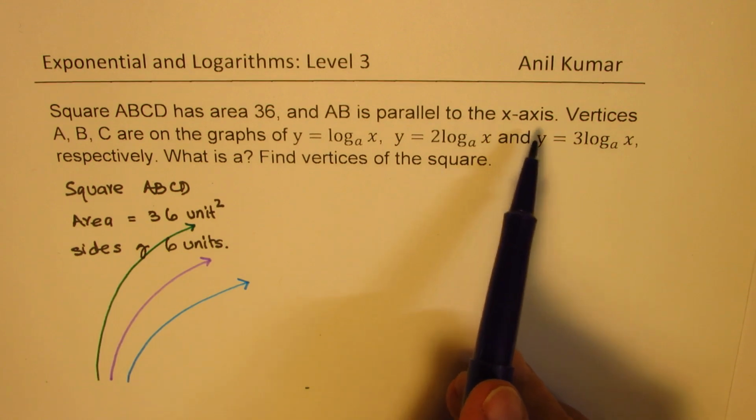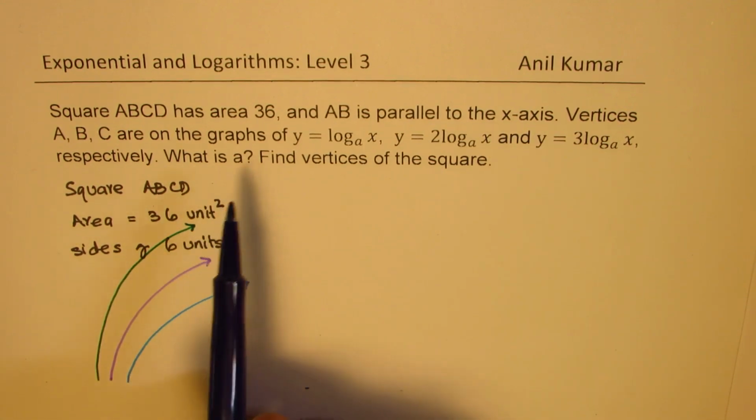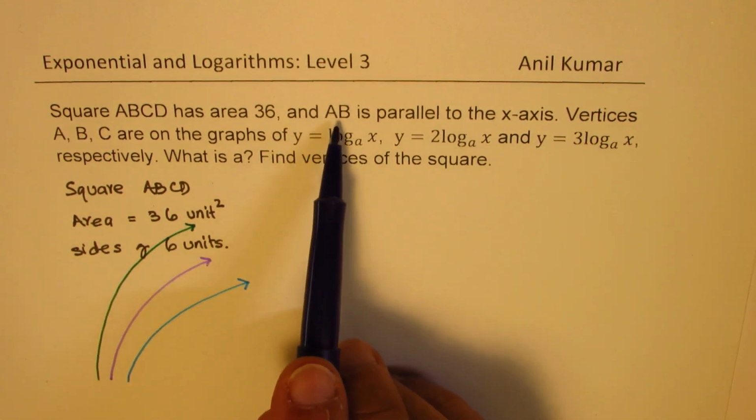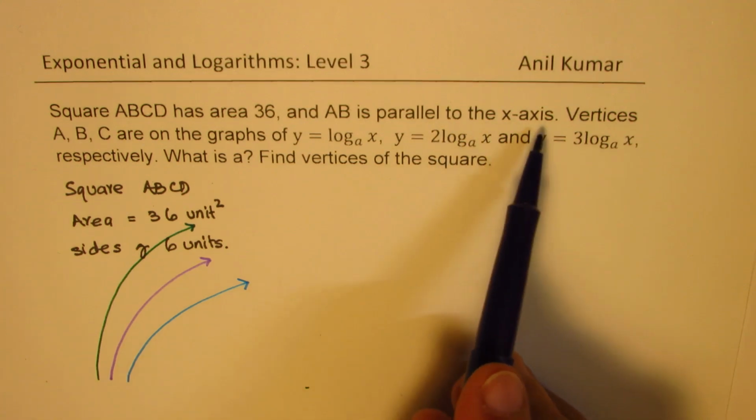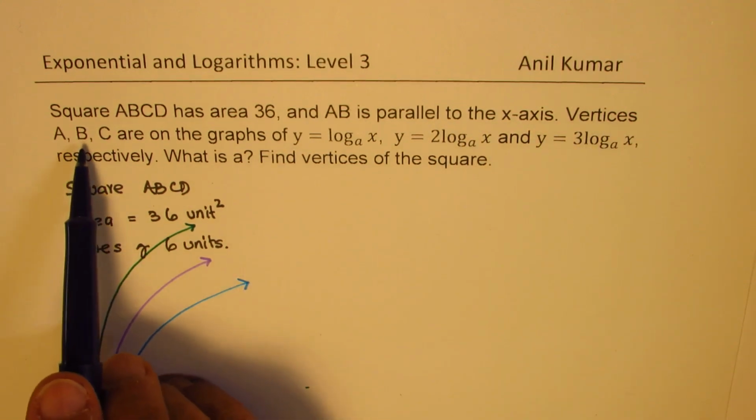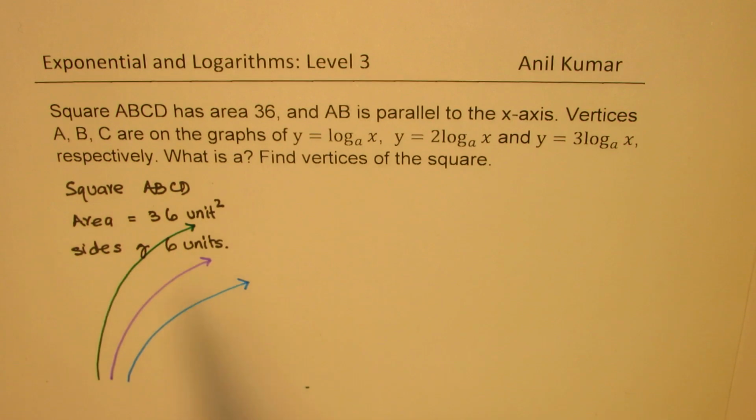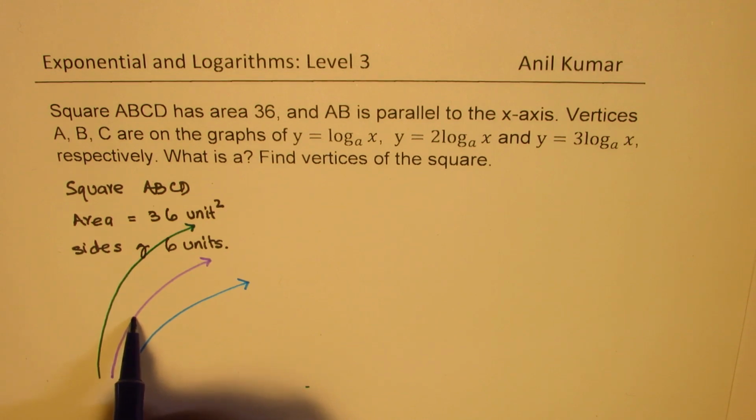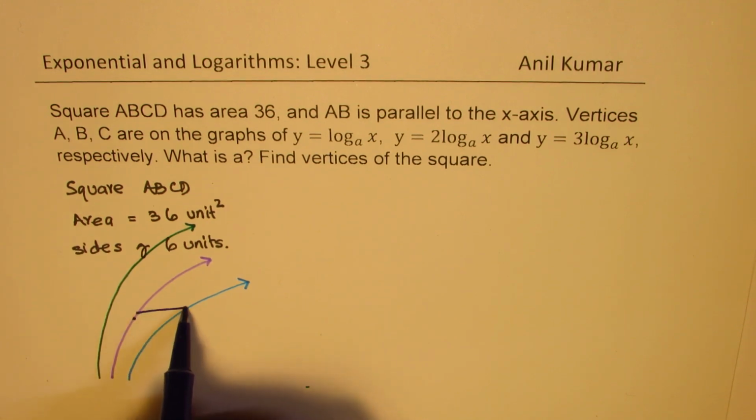We have to form a square, and we are also given that AB is parallel to the x-axis. Vertices A and B lie on the first 2 graphs, right? So the vertices A and B are somewhere here. Let us say like this.